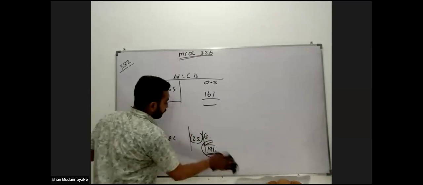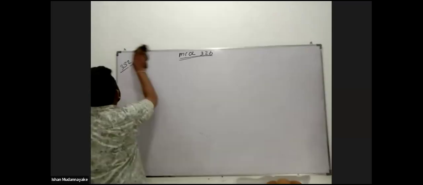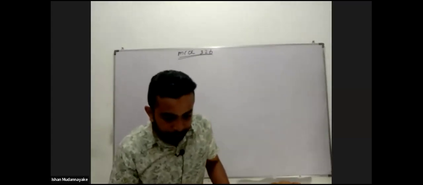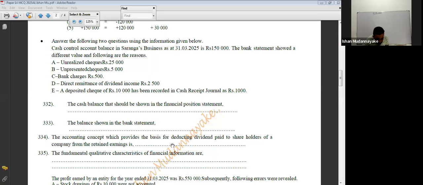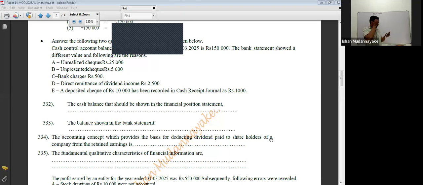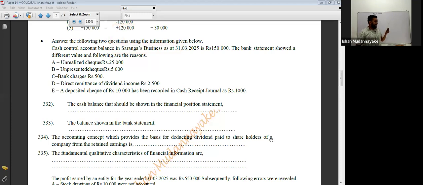Right. 334. Look at 334. The accounting concept which provides the basis for deducting dividend paid to shareholders of a company from the retained earnings. What's the answer?